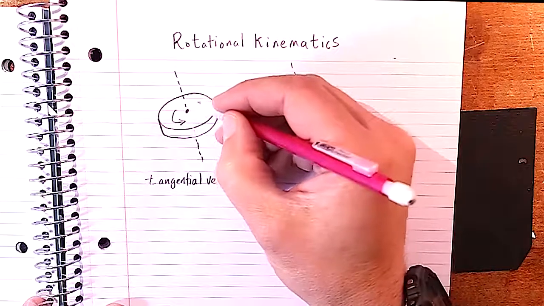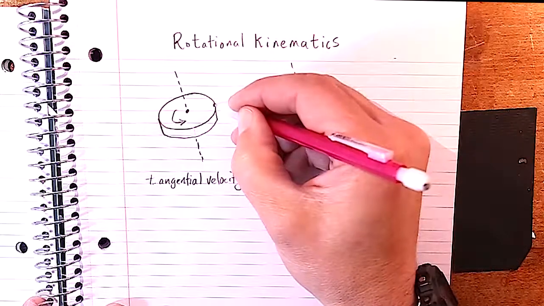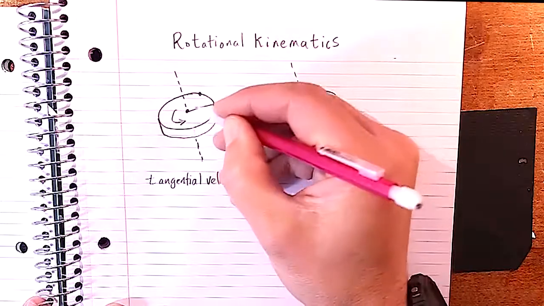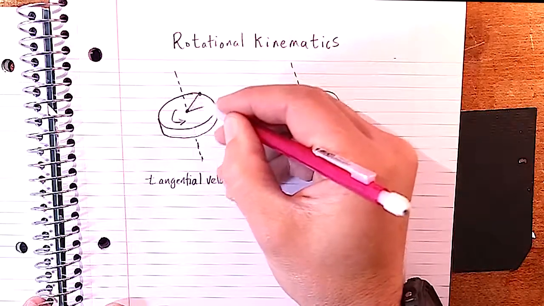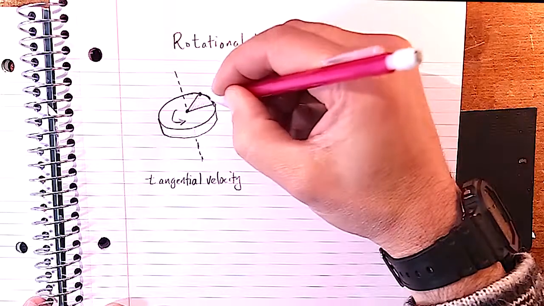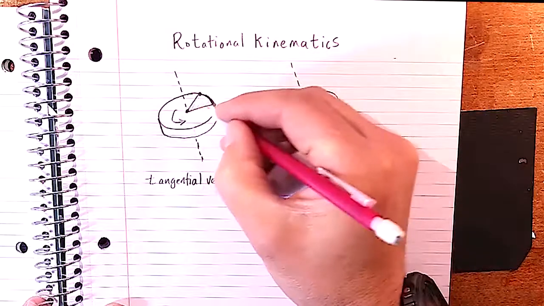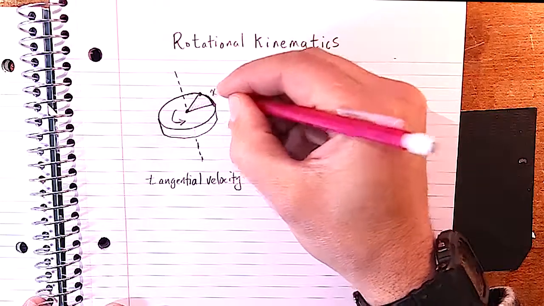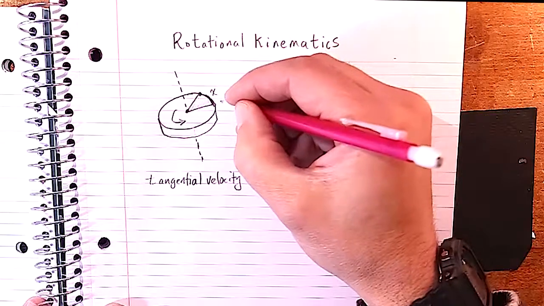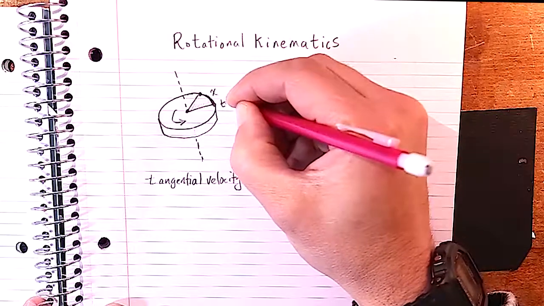Well, if we say that this point moves a certain distance over to here, then it's carving out this sort of section of pie, and that distance of that outside edge of this little pie slice, we could call that x. And the time that it takes to travel that distance would be t.